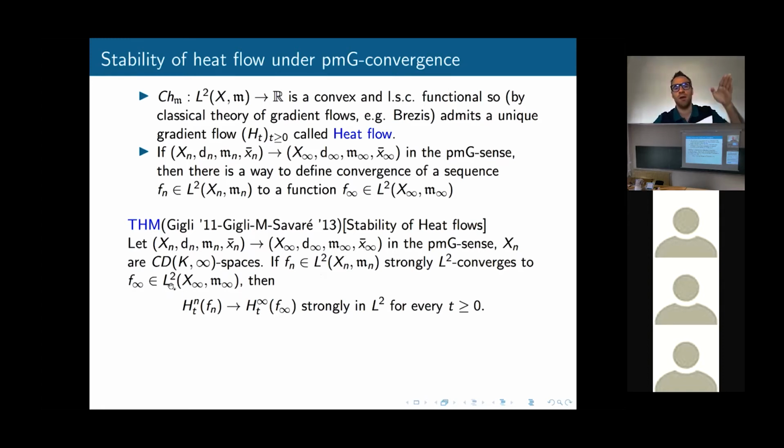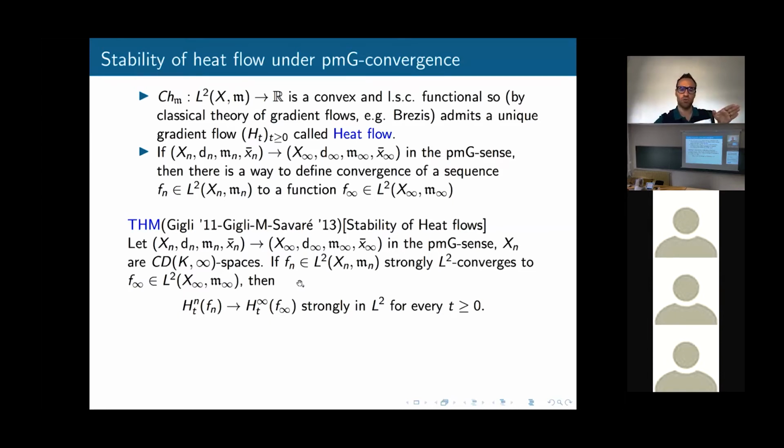Okay, so you have pointed measure convergence of Xn to X infinity. All the Xn are CD K infinity spaces, and then for every n you have initial data in L2 which are converging strongly in L2 to an initial datum f infinity of the limit space. Okay, then the theorem says that also the heat flows are converging strongly in L2.